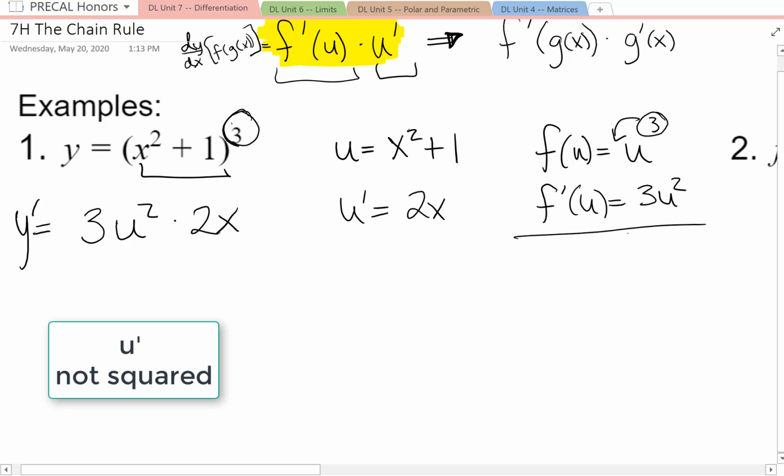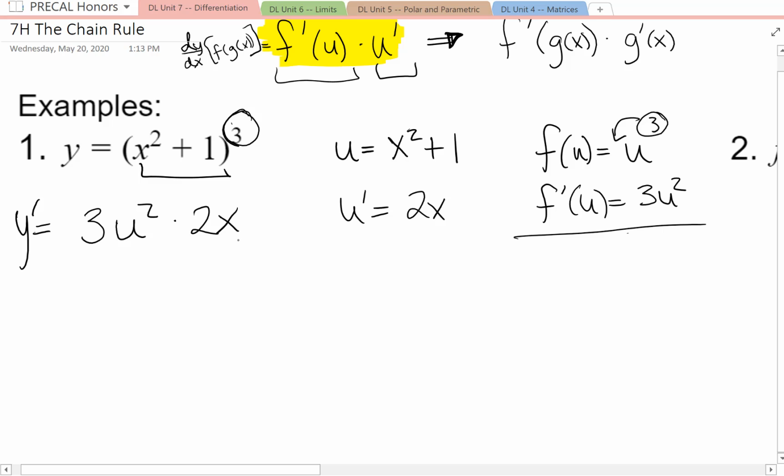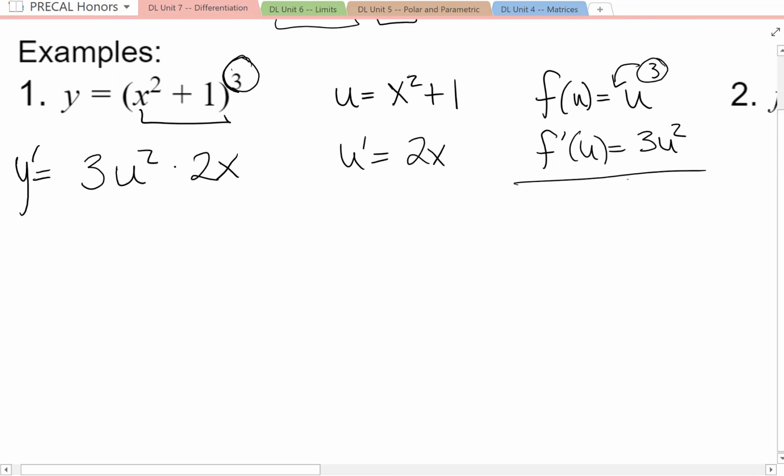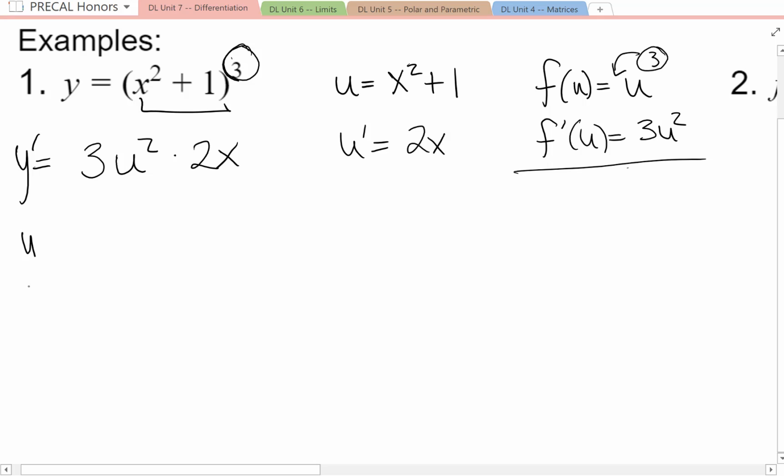Awesome. That's the derivative. But wait, you have a u and you have an x. So it all needs to be written with the same variable, right? We're deriving y with respect to x because that's what we started with.